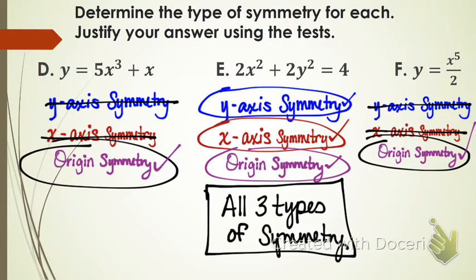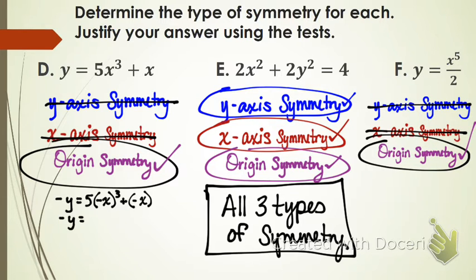Absolutely. So on D with the origin symmetry, remember we're going to replace both the y and anywhere we see an x with a negative. So I'm going to have negative y equals 5 and then negative x cubed plus negative x. The first thing I would do is simplify things on the right-hand side.